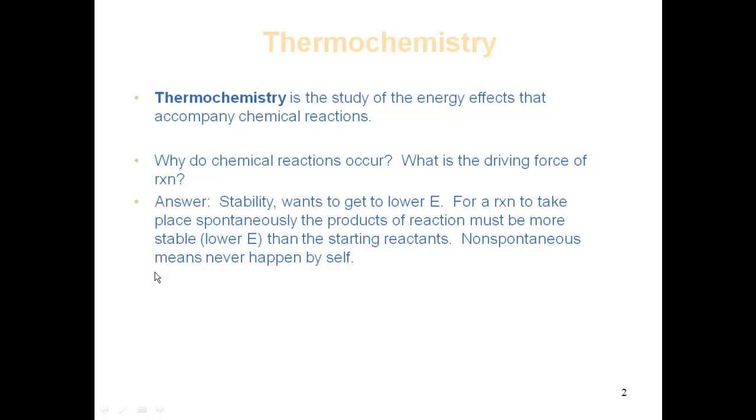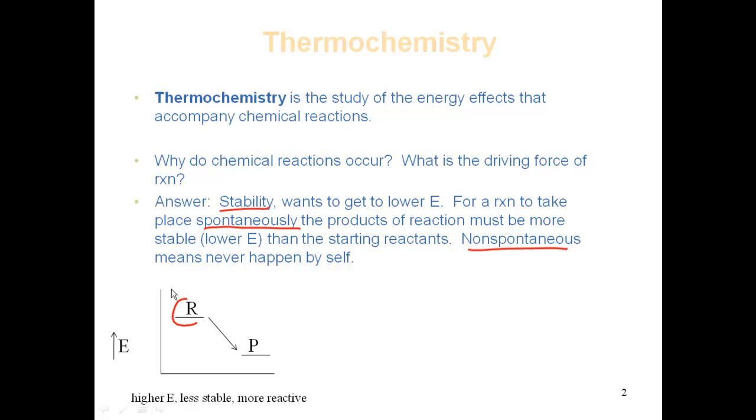We can draw this with an energy diagram. So I could have my reactants go into products. In this case, you can see that my energy associated with my reactants is higher than my energy associated with my products. Since my reactants are at a higher energy, they're less stable and more reactive.